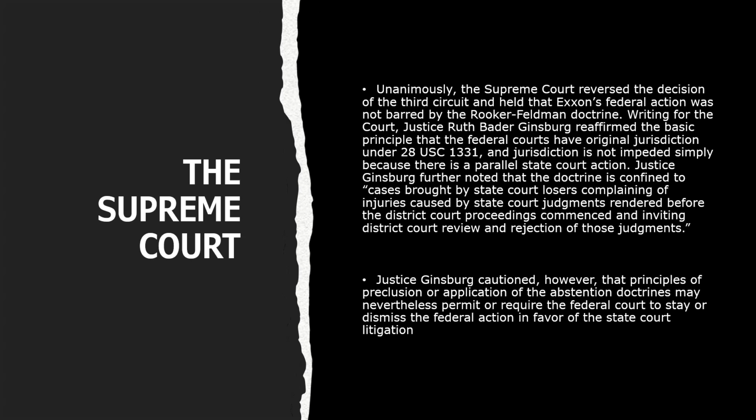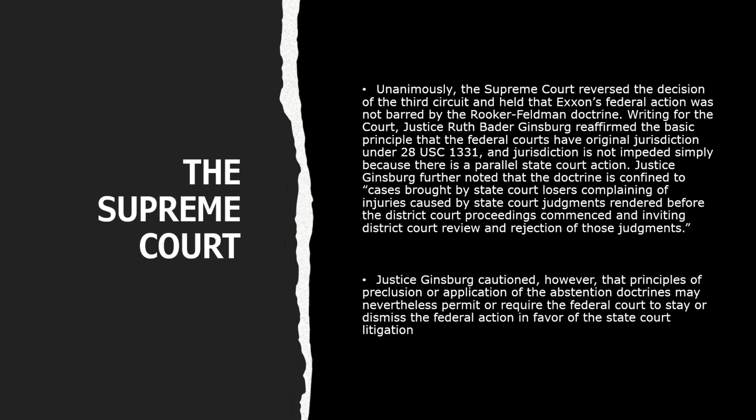Writing for the court, Justice Ruth Bader Ginsburg reaffirmed the basic principle that the federal courts have original jurisdiction under 28 U.S.C. 1331, and jurisdiction is not impeded simply because there is a parallel state court action.